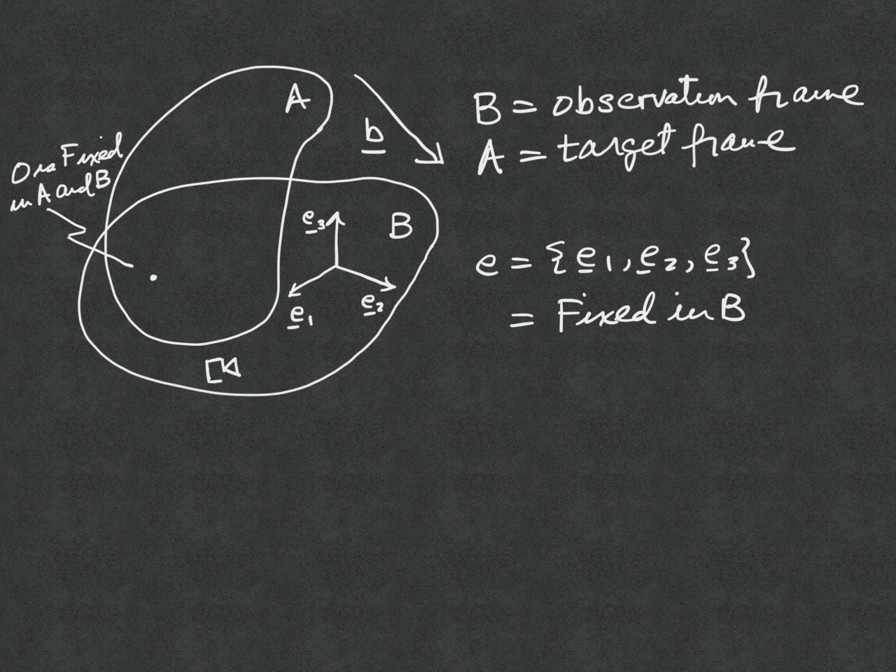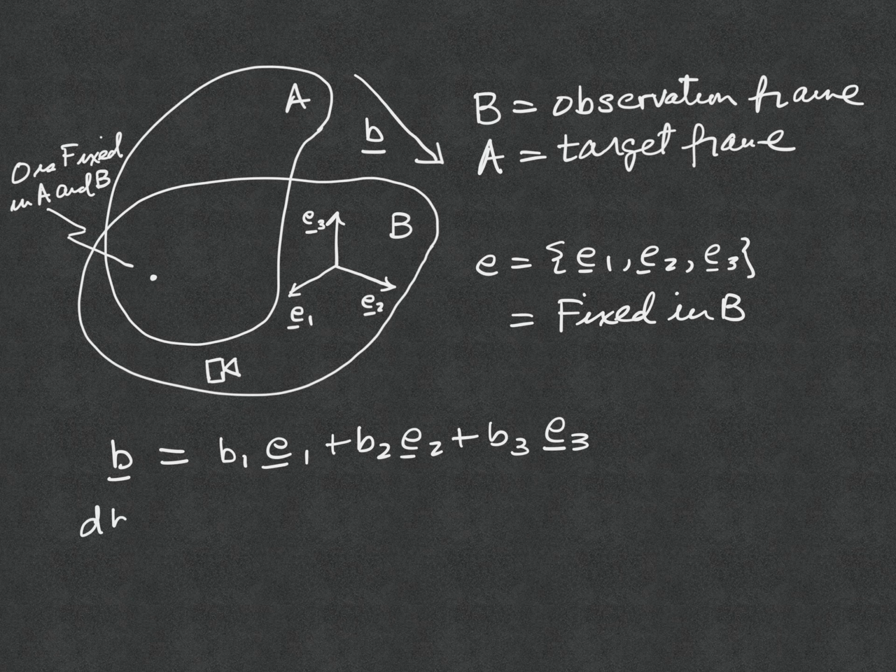And this camera is fixed in frame B, and it's watching everything from the perspective of an observer fixed in frame B. So now B, which is my vector, can be written as B1 E1 plus B2 E2 plus B3 E3. Now, if I take the rate of change of this vector in frame B, what do I get?